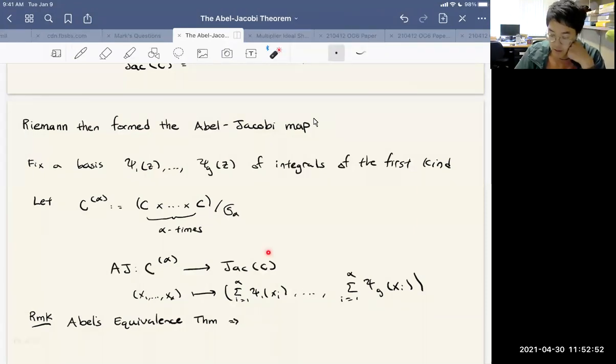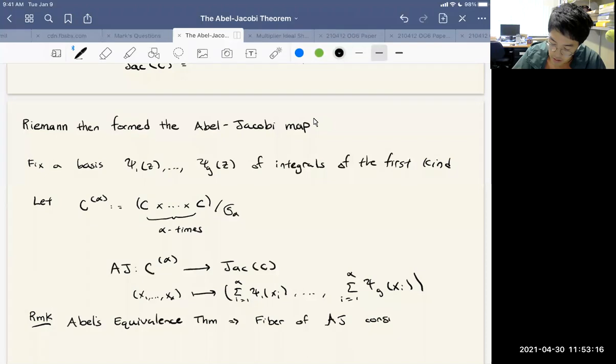We know that this is parameterizing integrals of the first kind. That's why the target of this is the Jacobian. So what is Abel's equivalence theorem saying? It's saying that the fiber of this Abel-Jacobi map consists of equivalent sets of points.